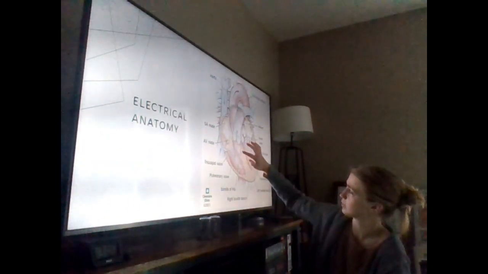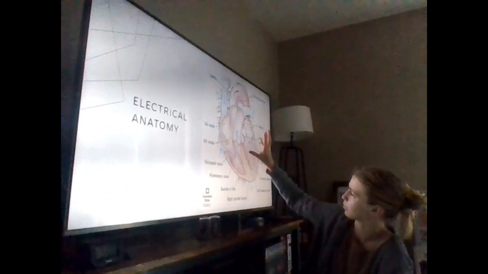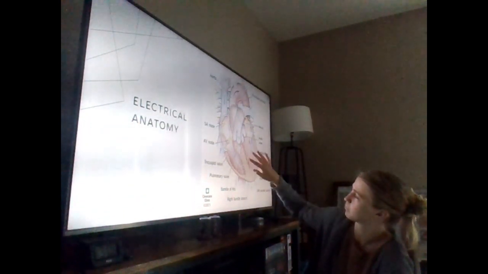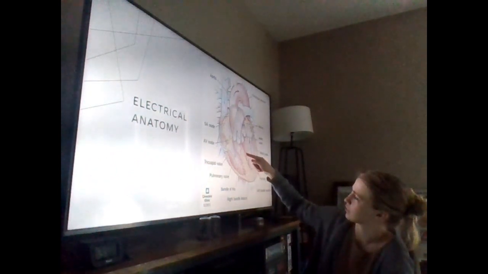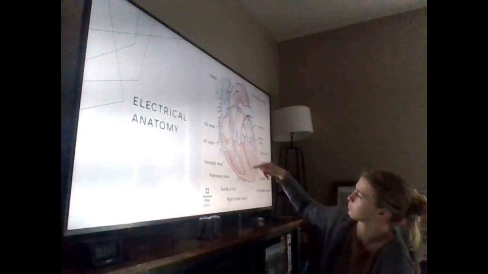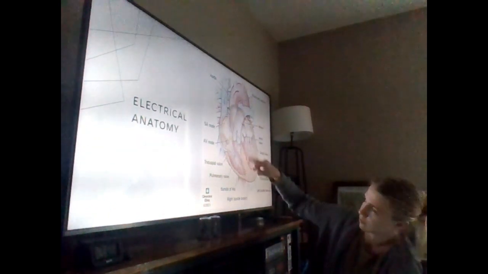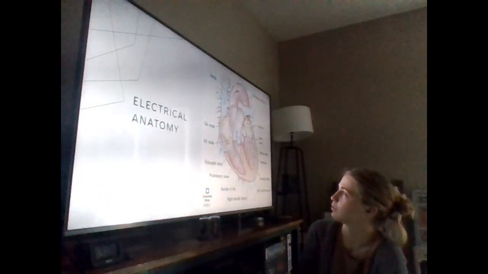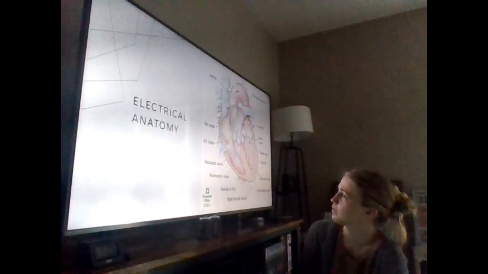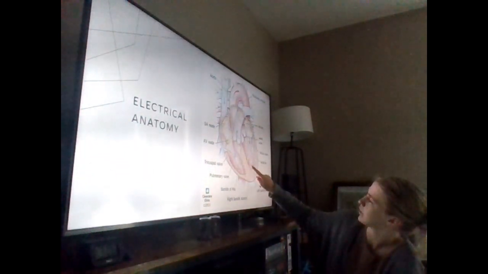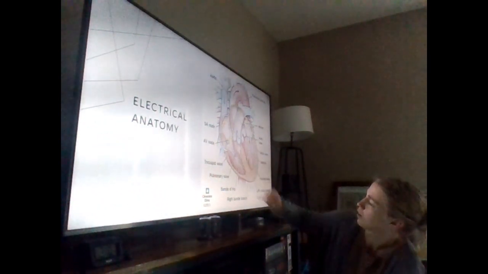This bundle of His goes down and into both of your ventricles. When it diverges and splits right here, it creates your left bundle branch and your right bundle branch that innervate their respective ventricles. From these bundle branches, you go into your Purkinje fibers, noted in these little tiny dudes.